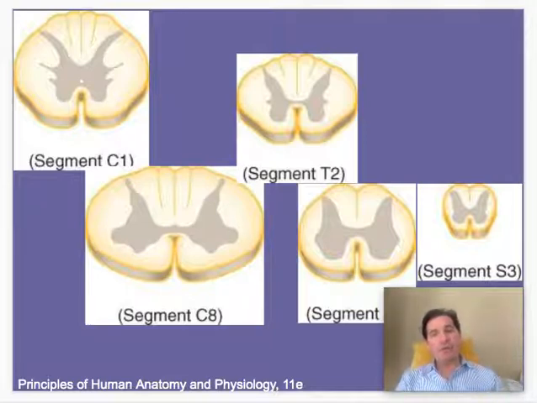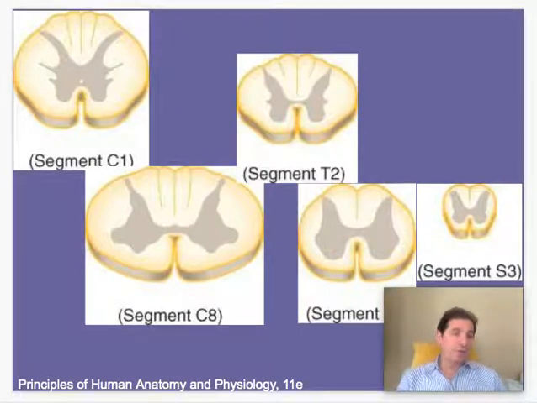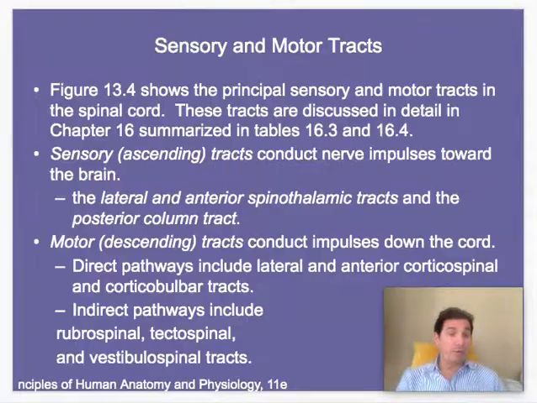The closer to the brain you are, that's where we see more of the nerves coming down to the rest of the body, which seems logical, but sometimes it's important to realize. As we go down, those areas get smaller. So the spinal cord gets smaller because you have fewer nerves coming out at that point.